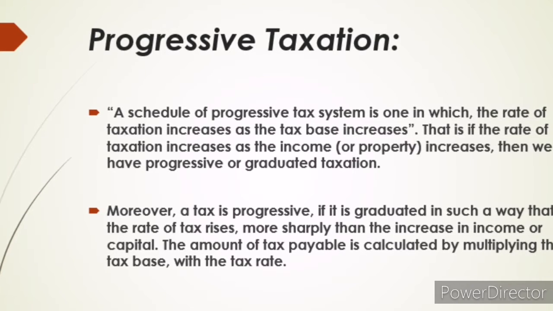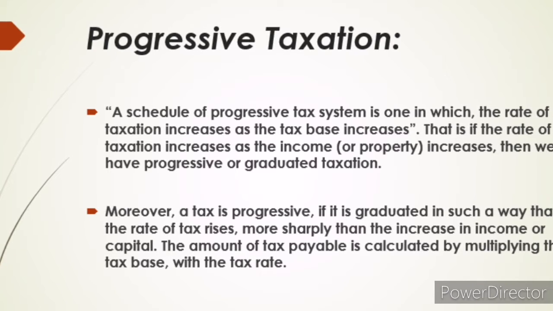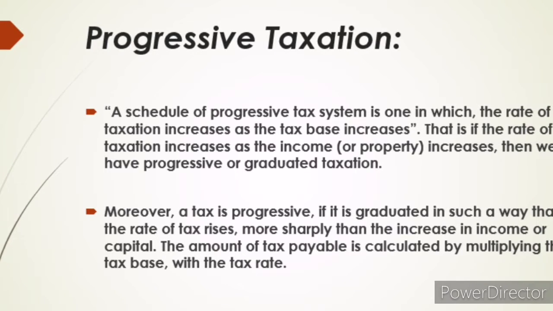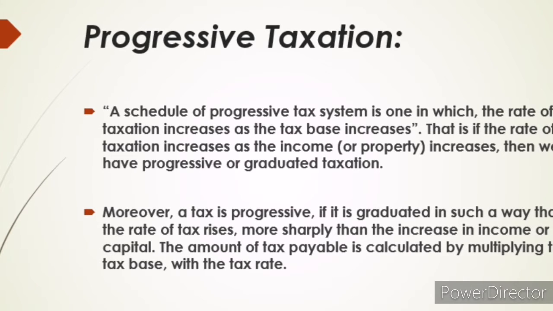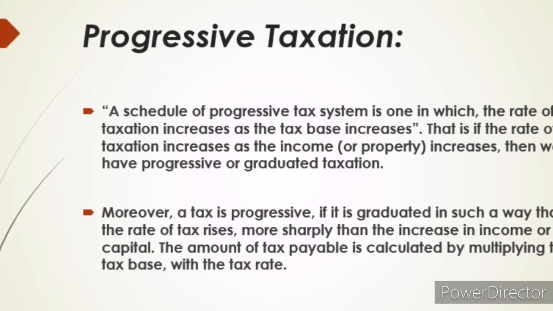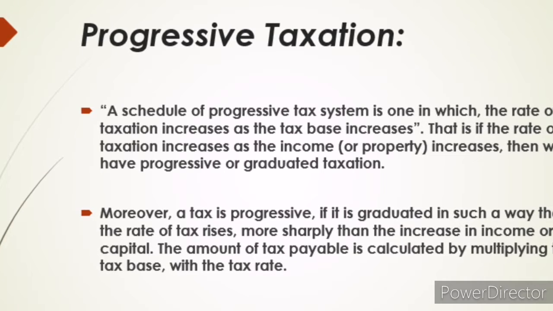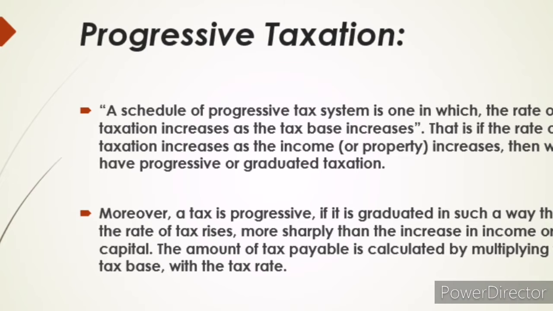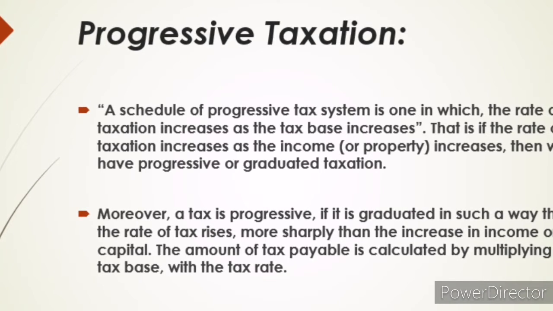Moreover, a tax is progressive if it is graduated in such a way that the rate of tax rises more sharply than increases in income or capital. The amount of tax payable is calculated by multiplying the tax base with the tax rate.